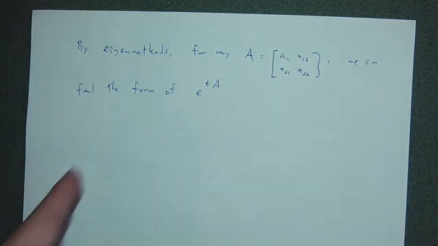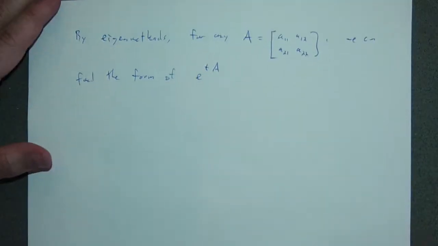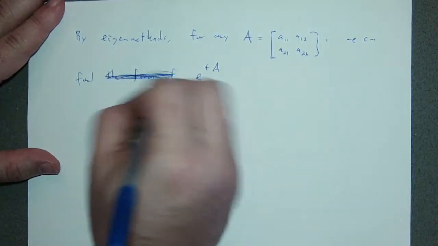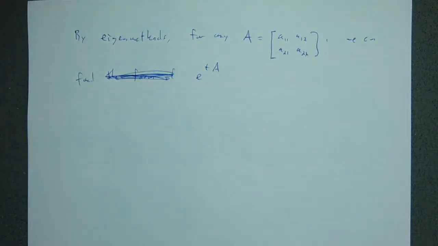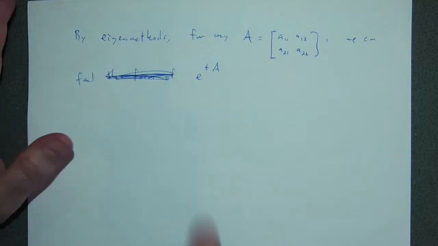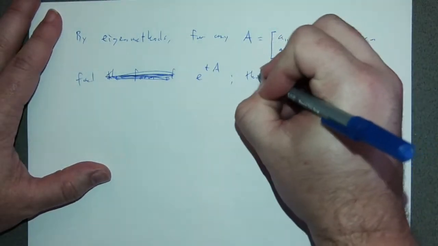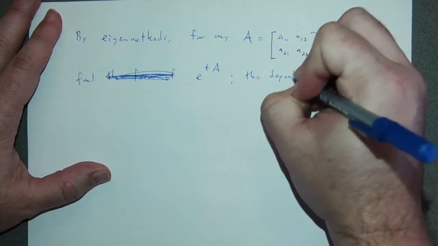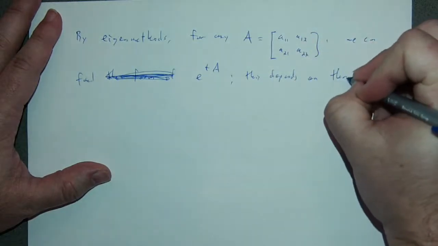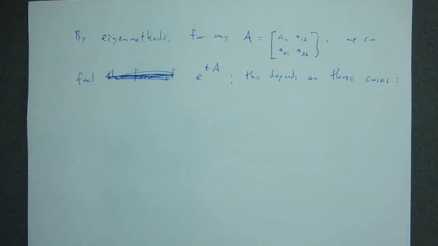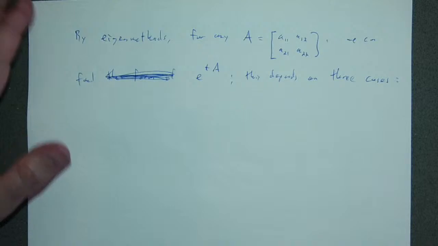I mean, we can't just find the form of e to the tA, we can find this matrix exponential. This depends on three cases, or maybe I should say better, this breaks into three cases.